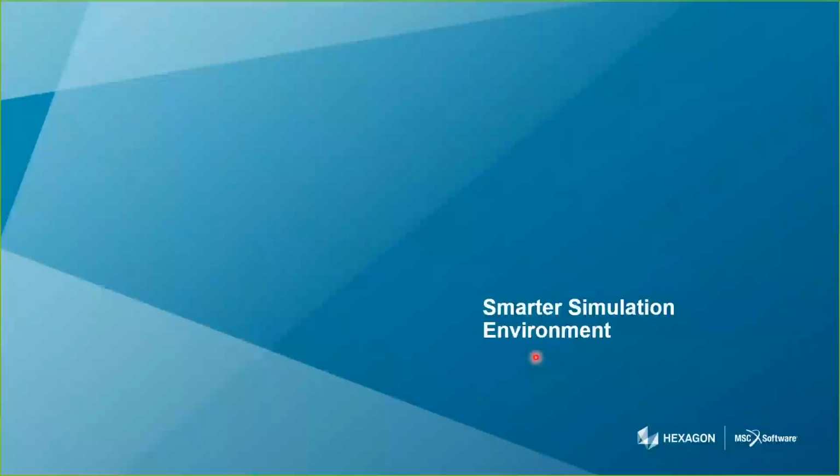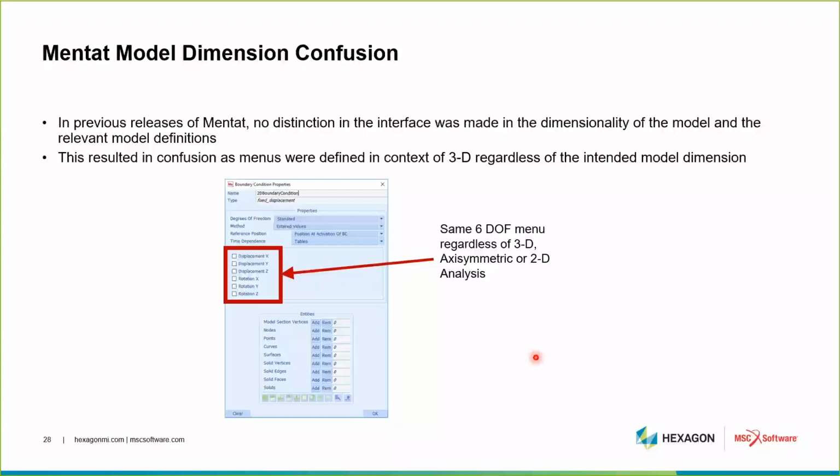A lot of the enhancements that we have done, and we're going to start off with quite a big one, quite a big project. In previous releases of Mentat, there was no distinction made for the dimensionality of the model. That means that if I was to define a boundary condition, as shown here, I saw all 6 degrees of freedom, even if I was doing an axisymmetric or planar type problem.